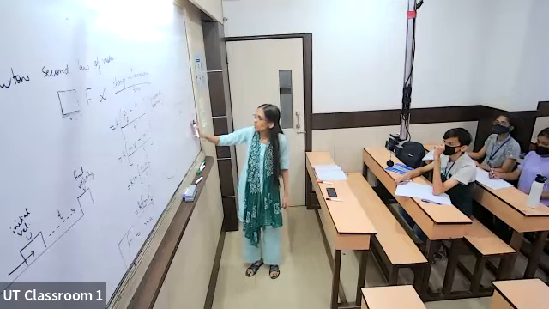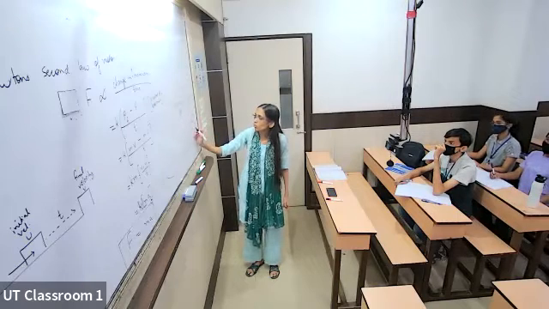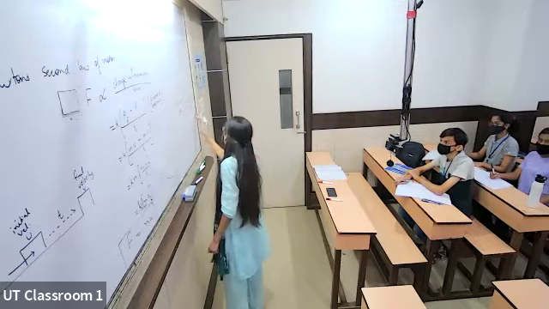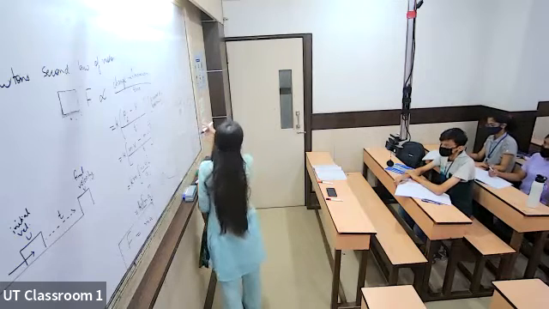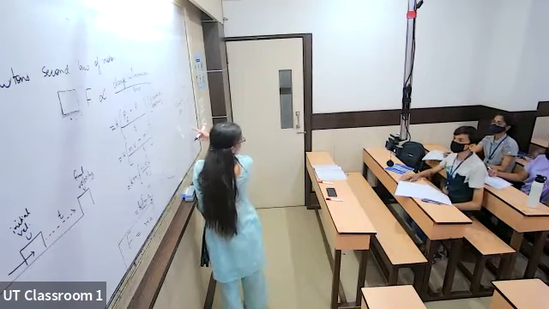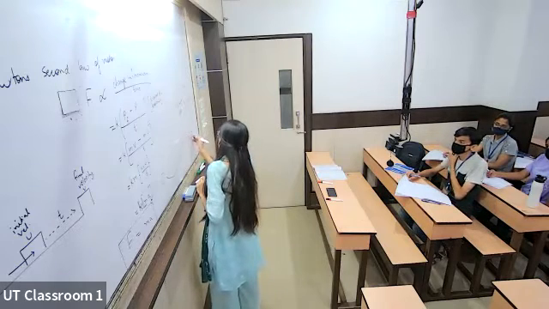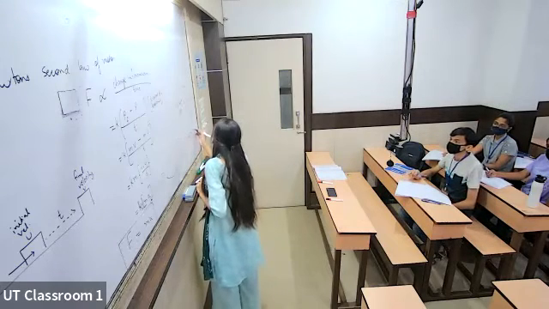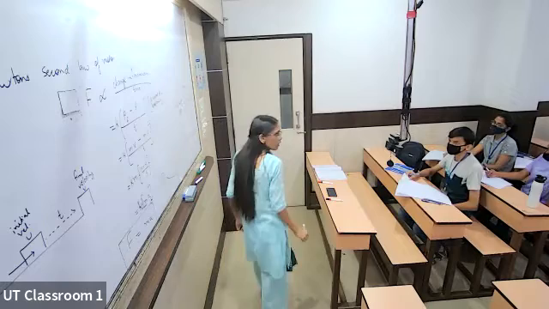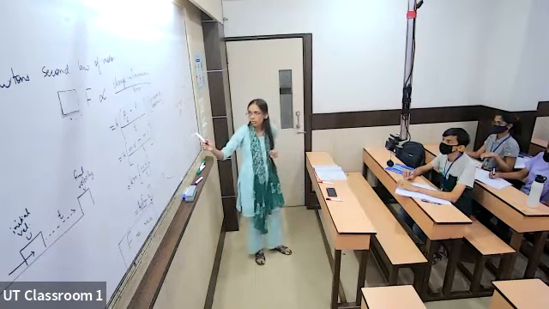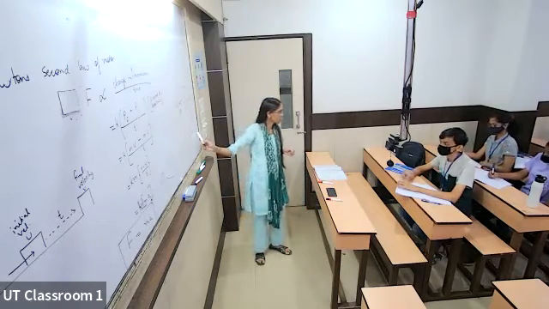Of course, when we are writing the whole name of the unit, we write it in small letters. And its representation will be by the letter N. And what is the relation? 1 kg meter per second square is equal to 1 Newton. ठीक है? So SI unit of force क्या?